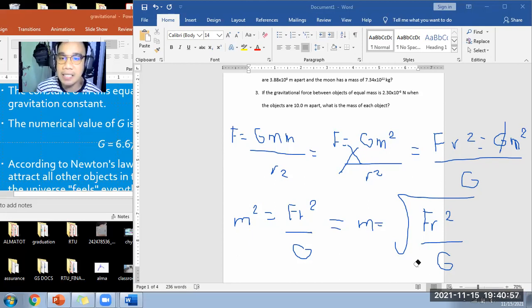So what is the mass of each object? Sige nga po, paki-compute. So what will be the answer for that problem? So hinanap natin mass of the object. So the mass should be kilogram. Okay, so paki-compute.